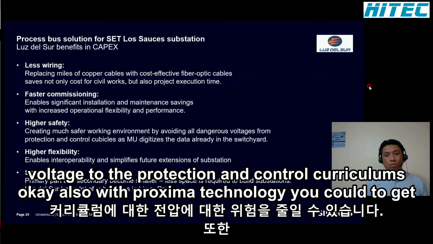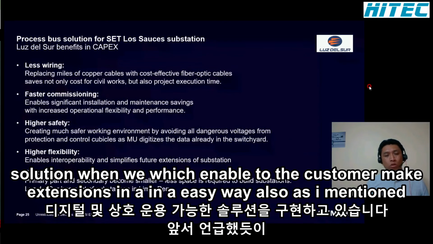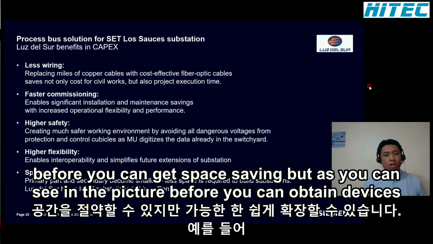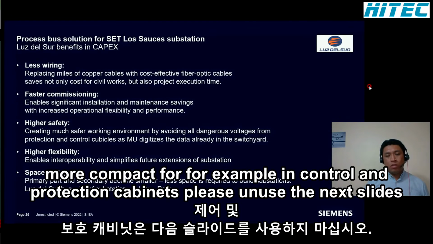Also, with process bus technology, you get higher flexibility because you are implementing a digital and interoperable solution which enables the customer to make extensions in an easy way. As I mentioned before, you also get space saving, as you can see in the previous picture, since you can obtain more compact devices, for example, in control and protection cabinets.